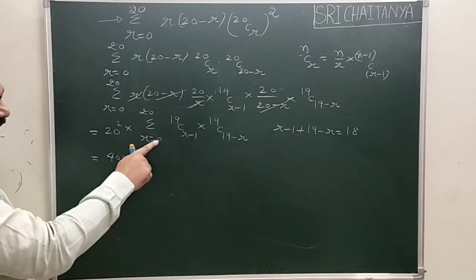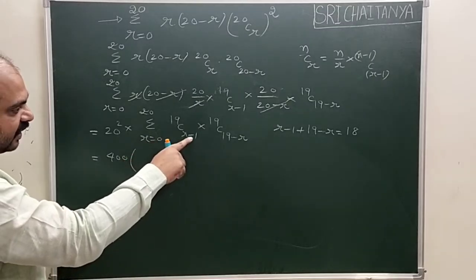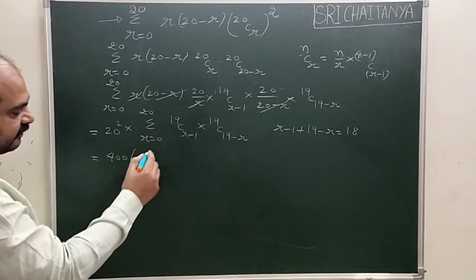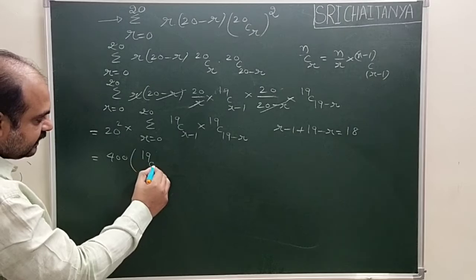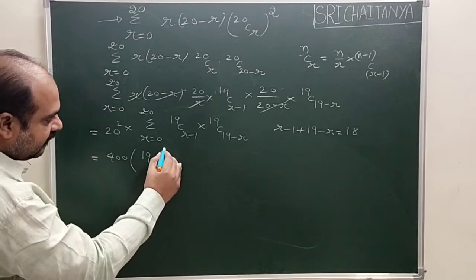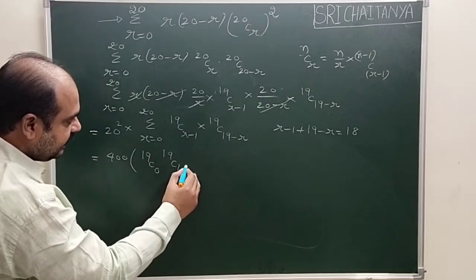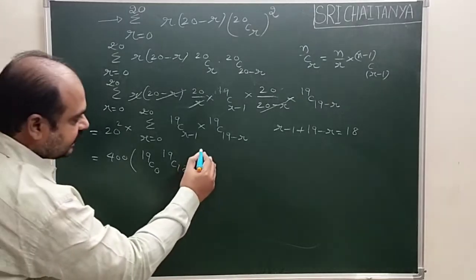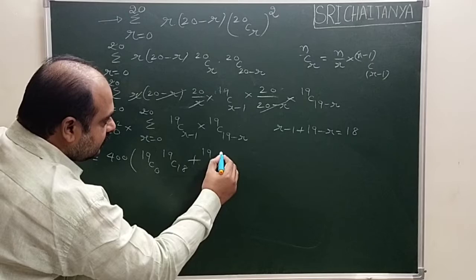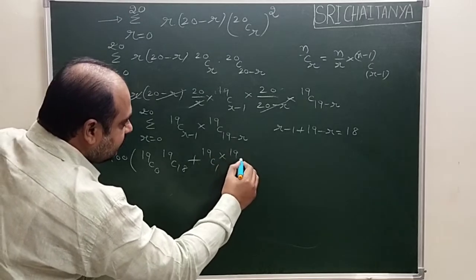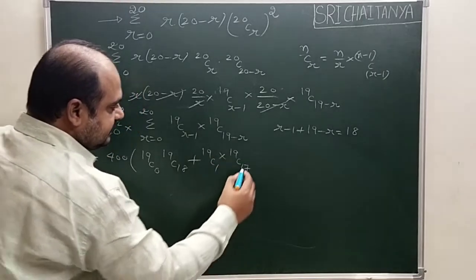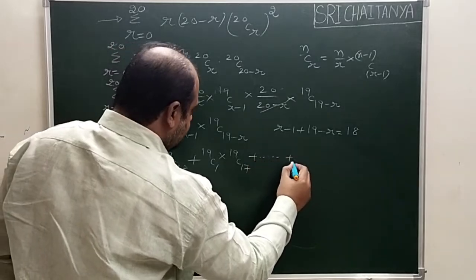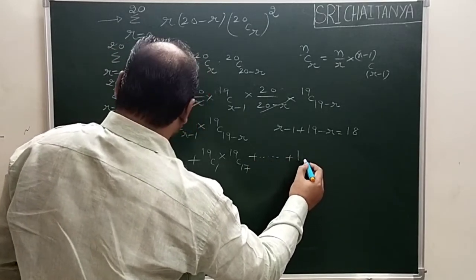I am expanding. Look at, R equal 0 means it will not be defined. That means this is 0. From R equal to 1, that means 19C0 into 19C18. R equal to 1 first, then R equal to 2, 19C1 into 19C17 plus and so on.